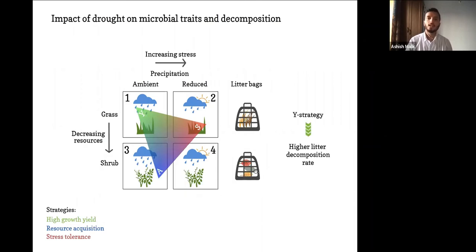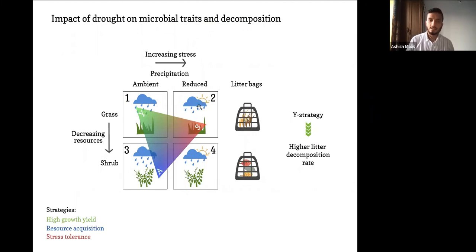And we also hypothesized that the litter decomposition rates will be the highest in the high yield strategy. And there is no soil involved here, so we are not talking about stabilization mechanisms. We are only looking at decomposition. A high yield strategy here would mean high decomposition rates because there is a bigger pool of biomass that's then breaking down organic matter.